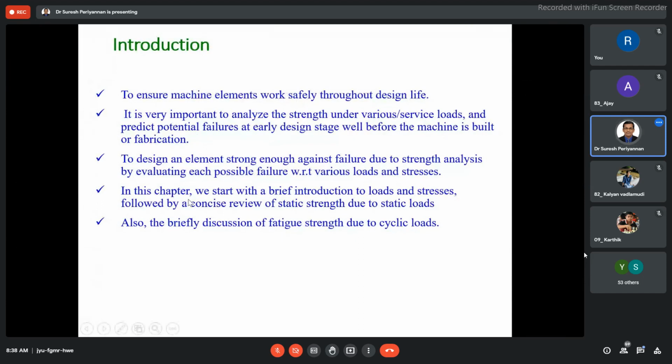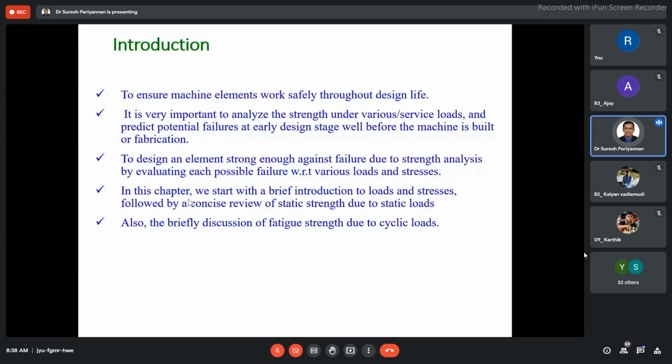To ensure our machine components or elements work safely throughout the design life, that is the primary point when we design a new component. Safety is very important throughout the entire design life of the component. It is very important to analyze the strength under various loads, to predict potential failures in the early stage of design.